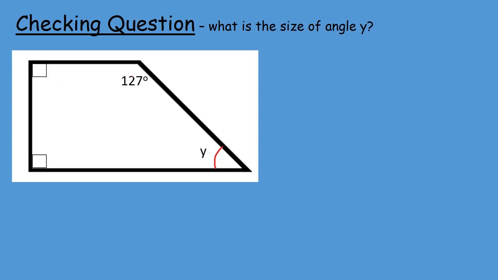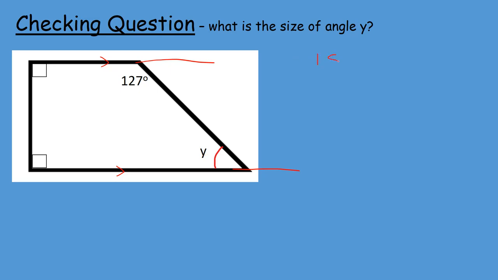We could add up 127 plus 90 and 90, or we could recognize that these lines here, sorry, if we carried them on, they would be parallel lines. So these 2 angles would add up to 180. So that's what I'm going to do here.